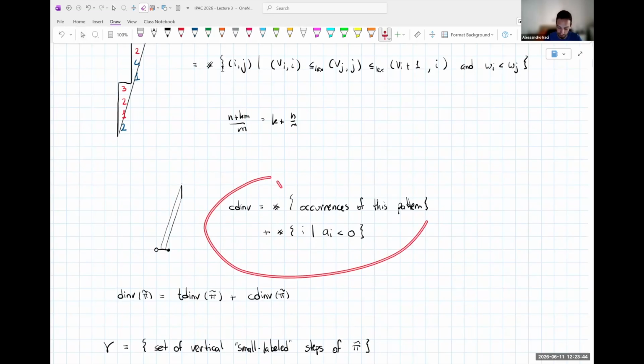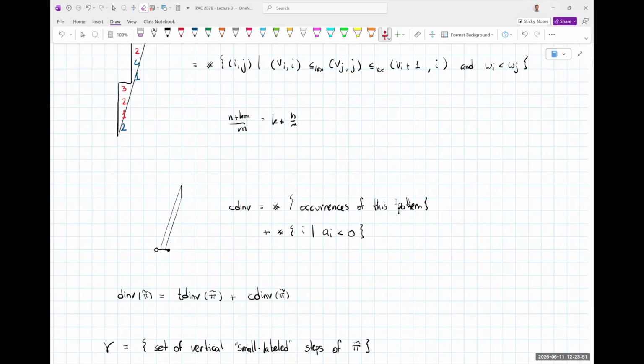I mean a nice way to see what this guy hits, like in the rational shuffle theorem case. When you reverse, you have the correction terms, like the maximal tdinv minus.